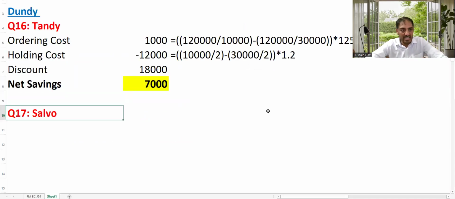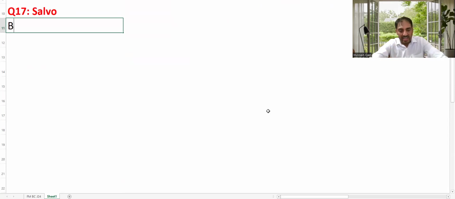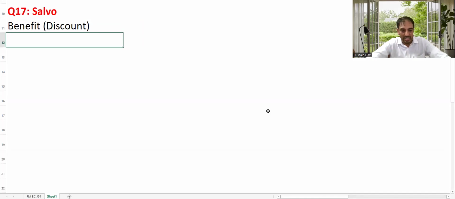Now, Salvo company. We need to identify the benefit in terms of the discount received. We will work out the discount, versus the cost, which here is the finance cost.